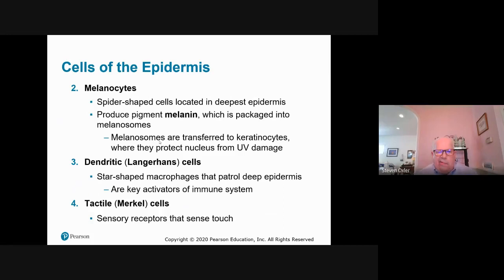These are star-shaped macrophages that act as immune system activators in the epidermis. The fourth type of cell are touch receptors, known as Merkel cells. So you have 4 types of cells: keratinocytes, the most abundant, melanocytes, Langerhans cells, and Merkel cells. And I certainly would know those cells because I want to ask you questions on exam number 2.